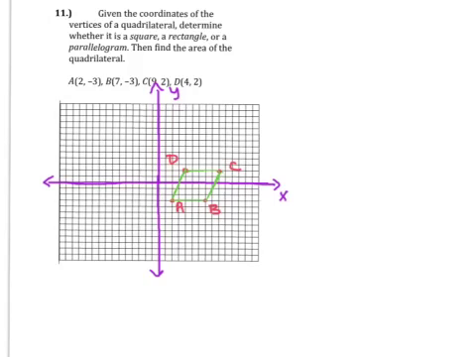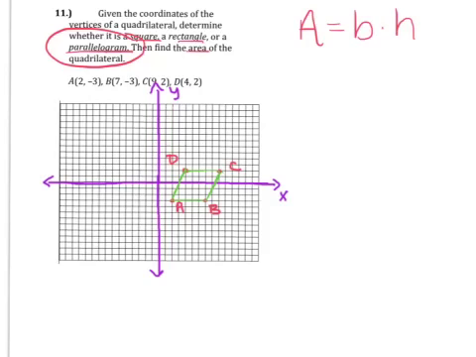Number 11, we had to plot the 4 points and determine whether it's a square, a rectangle, or a parallelogram. Okay, so I plotted the 4 points, and it is a parallelogram. Then we have to find the area. So area of a parallelogram is base times height. With these you just get to count.